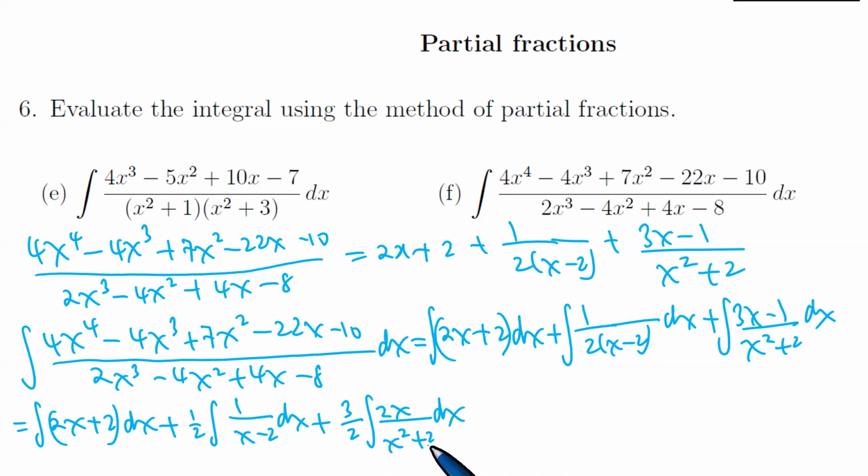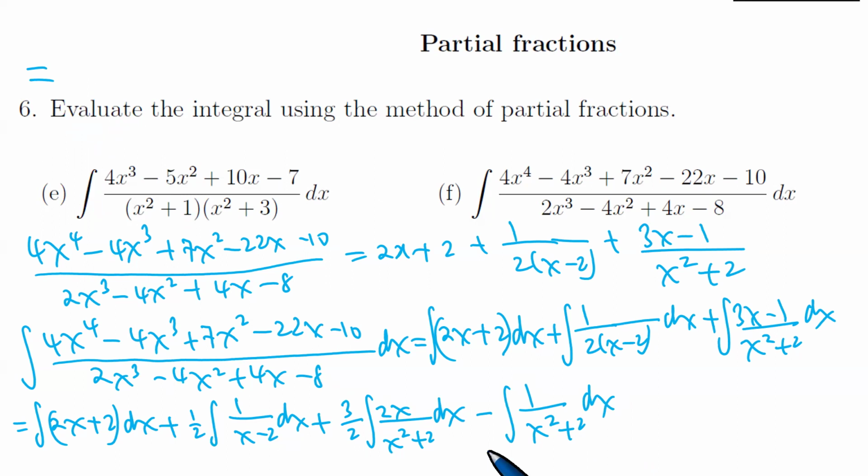Okay, because then if you differentiate this, you get that back. But these two cancel, giving us the 3x minus the integral of 1 over x squared plus 2 dx. Integrating this, we are done.